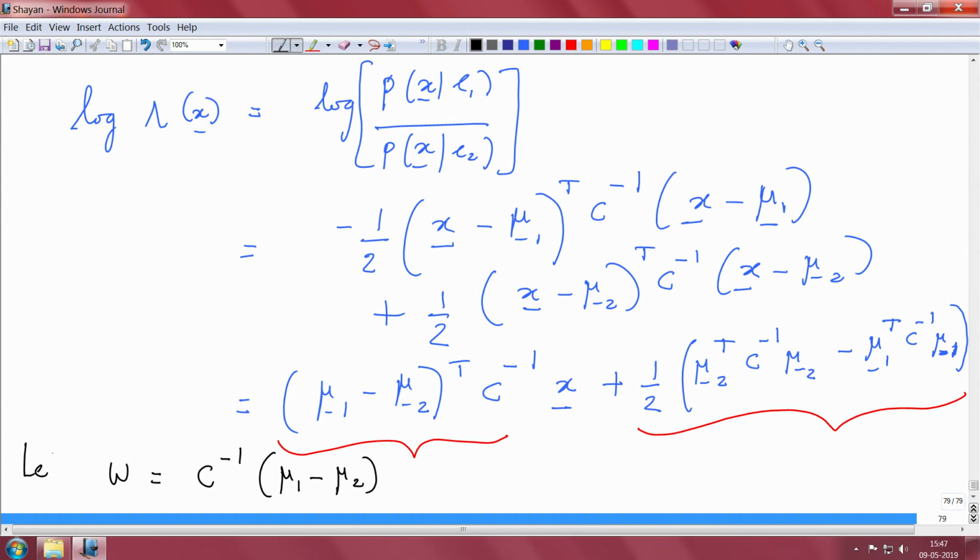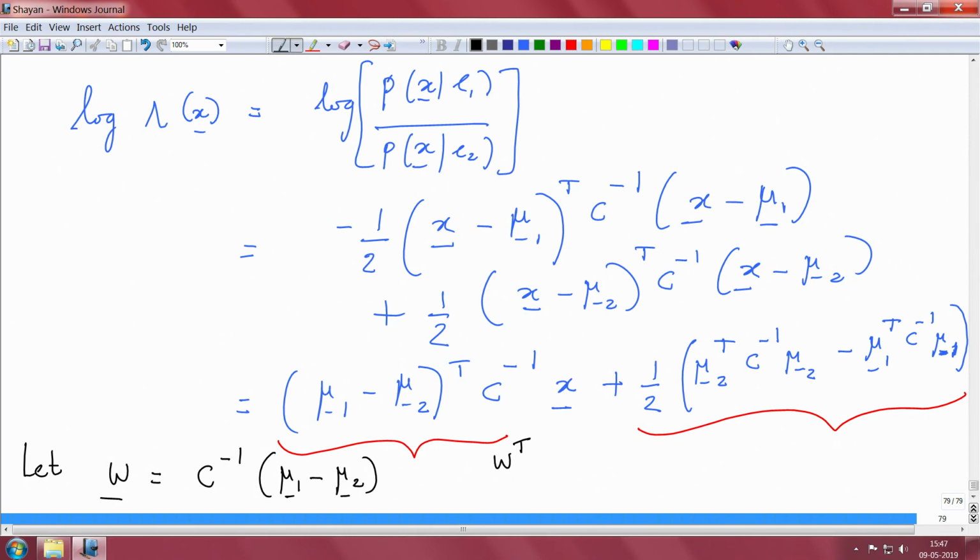Then this quantity here happens to be W transpose, right. W transpose is basically mu 1 minus mu 2 transposed times C inverse transposed, and by virtue of this property, C inverse transposed is C inverse.